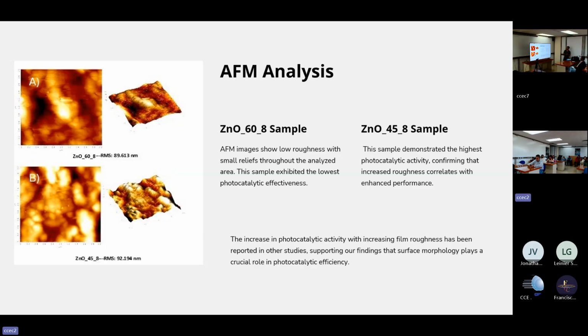This behavior is consistent with previous studies, which report that increased roundness can enhance the adsorption of reactants and promote electron-hole separation, which are beneficial for the photocatalytic reaction.